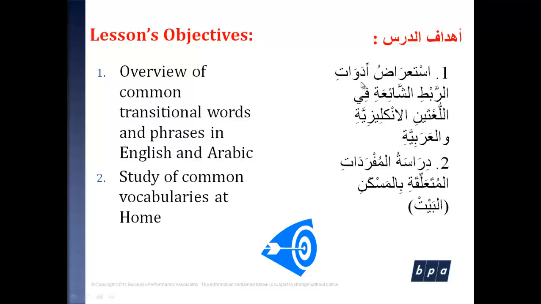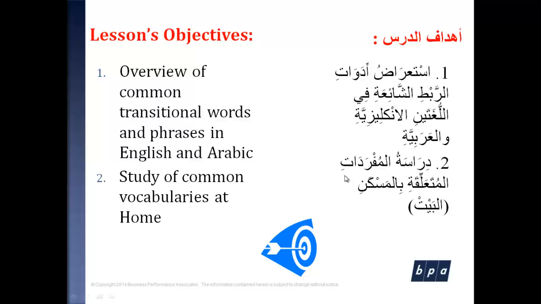An overview of أدوات is articles. الربط, connecting or connection, transitional. الشائعة, the common. في اللغتين, in both languages. الإنجليزية, English, والعربية, and Arabic.